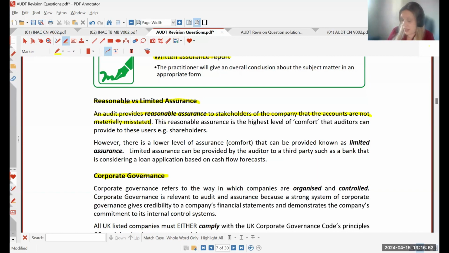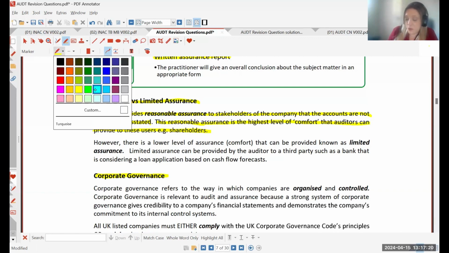Really important definition here. This reasonable assurance is the highest level of comfort that auditors can provide to these users. So, for example, shareholders. So what we're saying here is the auditors are telling the shareholders, we believe to the best of our ability that the financial statements are not materially misstated. That's what reasonable assurance means.